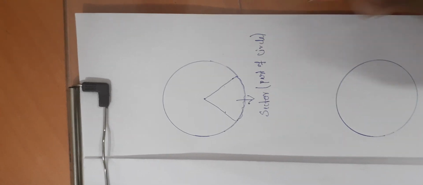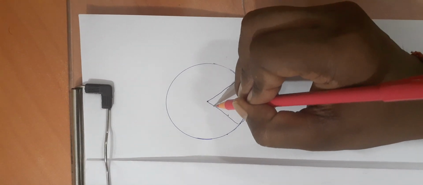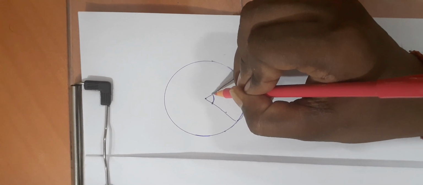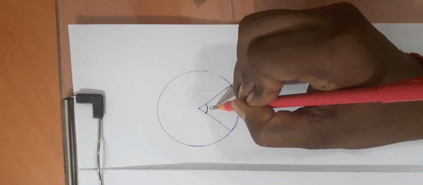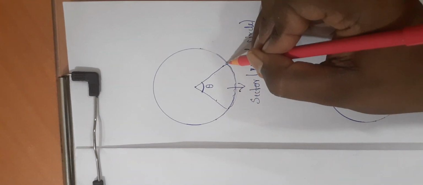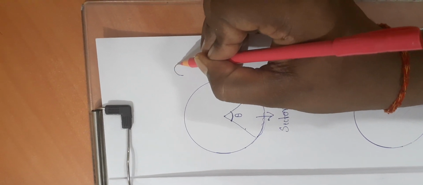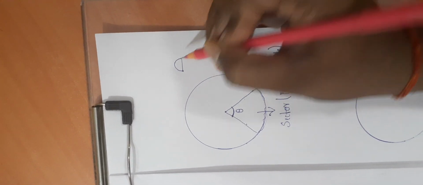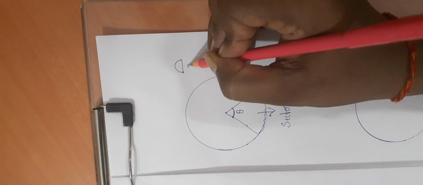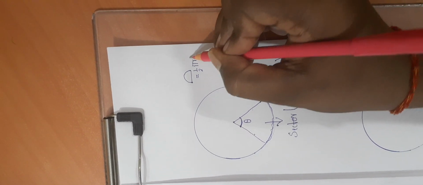And this part of circle, how much you are cutting or eliminating from the circle, is given by theta, right? So I'll take a few small examples. This is a semicircle. So its area will be what? Half pi r square.